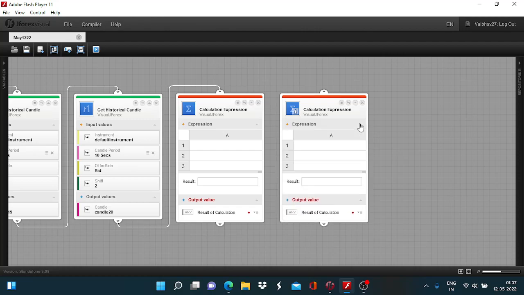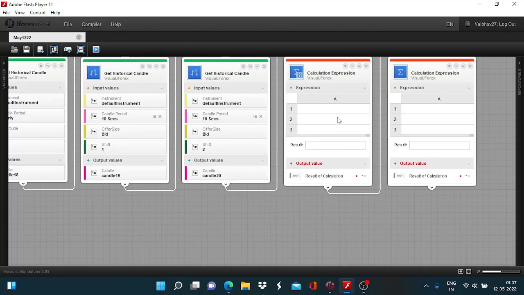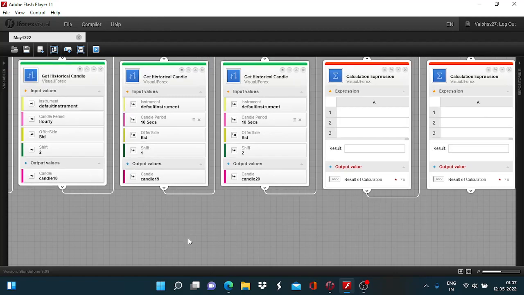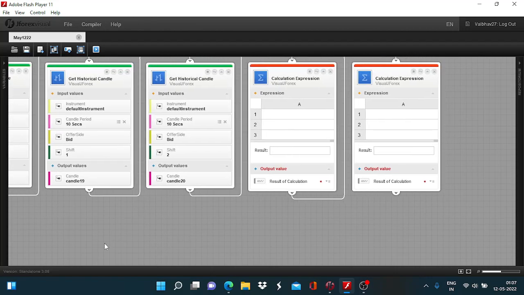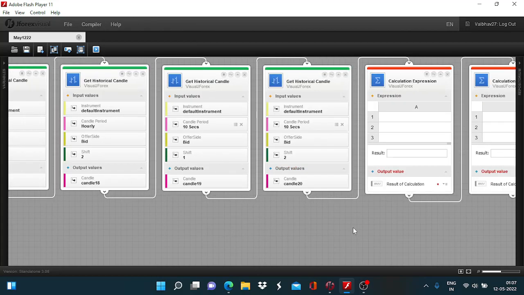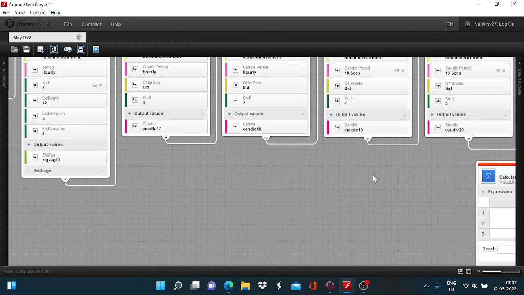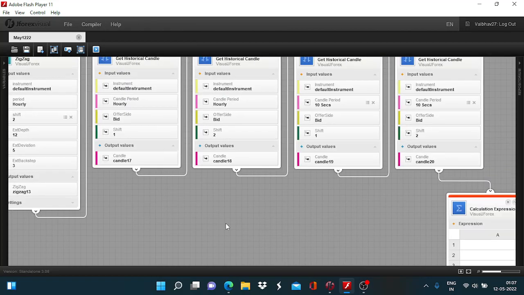So we have this hourly formation in place. Now I will take the difference into account. So for that, we need the closing and opening values here.